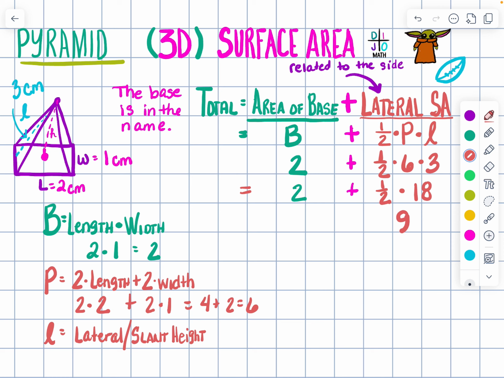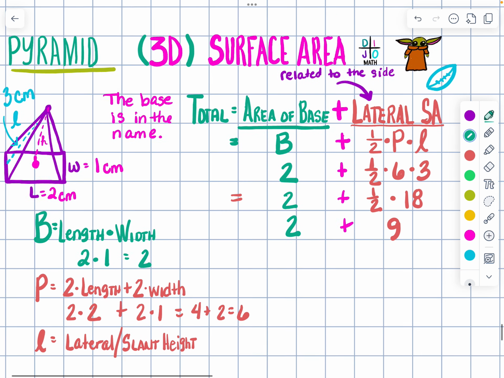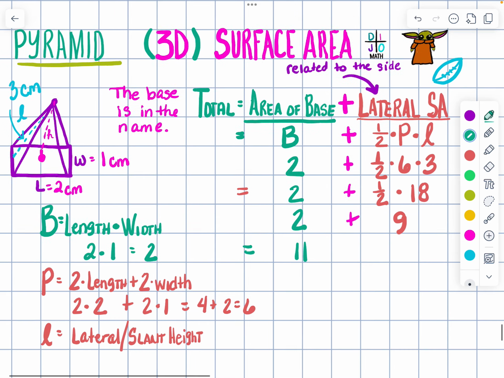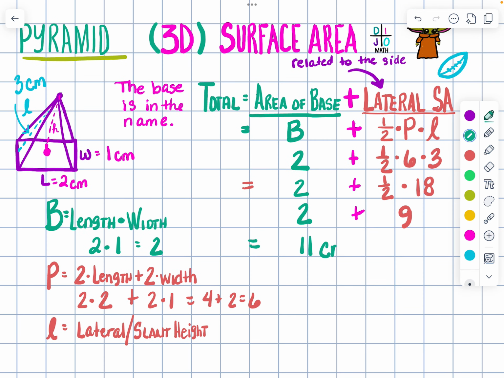Okay, so we've got plus, and we've got 2, and 2 plus 9 equals 11. We're doing centimeters, and that's going to be squared because we're talking about area. Okay, that's it.